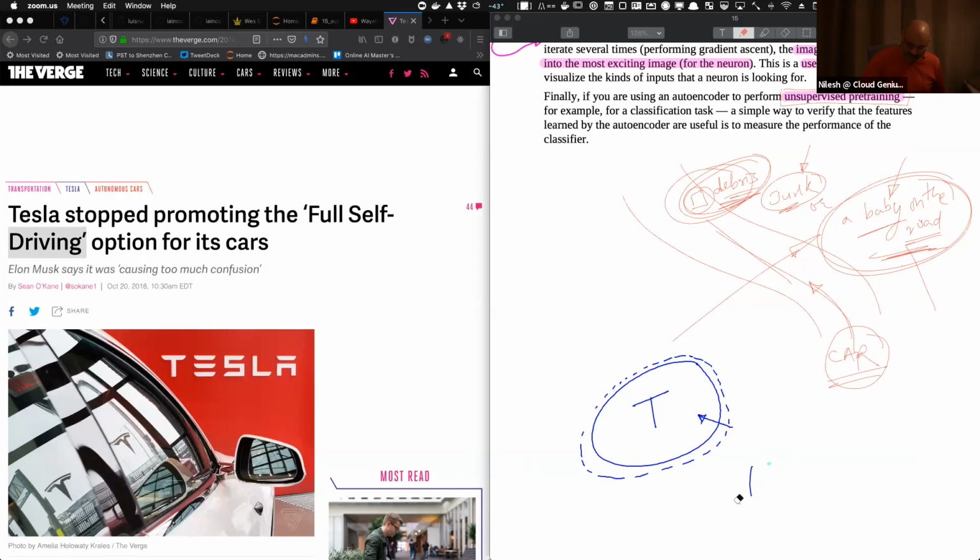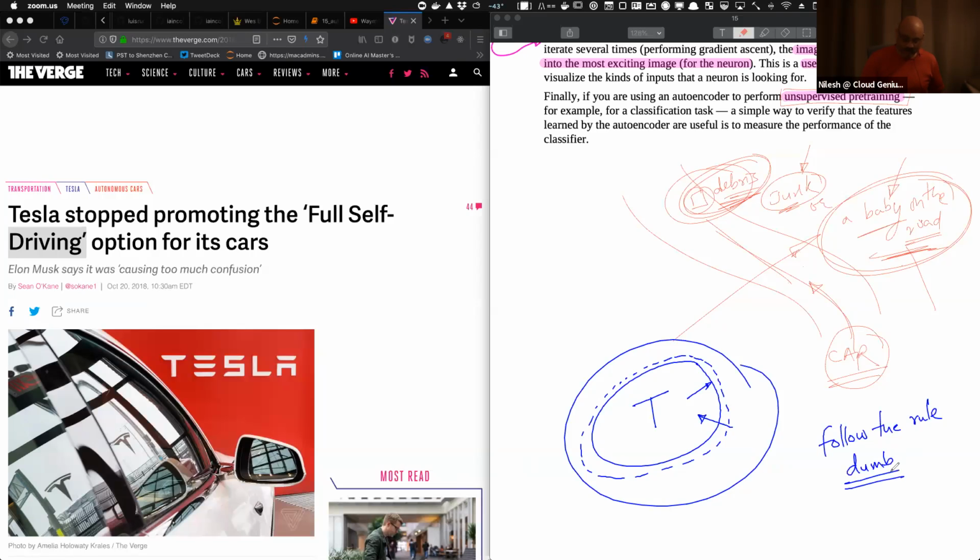Now that stupid Tesla is stuck because it cannot go out. You see that problem? So this is a classic, what I call follow-the-rule dumb. I can come up with names for these things, but essentially that's a problem.